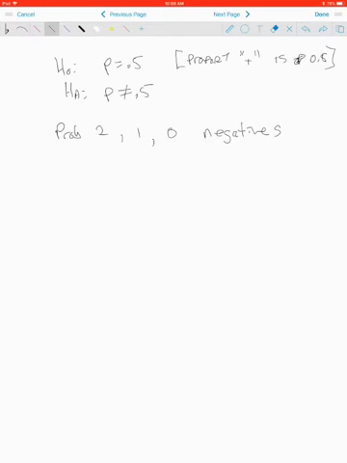So we're going to plug things into the equation for a binomial distribution. What's the probability of getting x equals 2 negative signs given that p is 0.5? And remember n is 8.